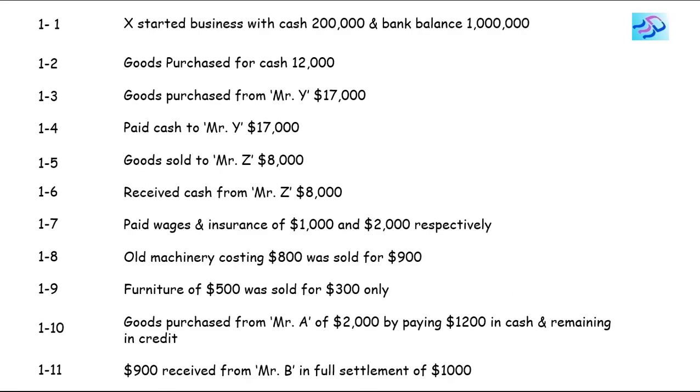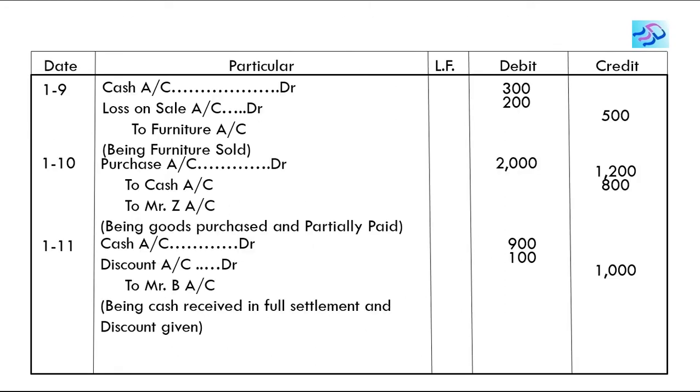The next type of entry is goods purchased from Mr. A of $2,000 by paying $1,200 in cash and remaining in credit. In this case, we are purchasing goods, but we are paying only half of the amount. That is, we are paying only $1,200 and the remaining is credit. So the entry will be purchase account debit 2,000.